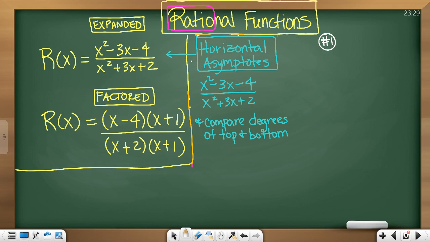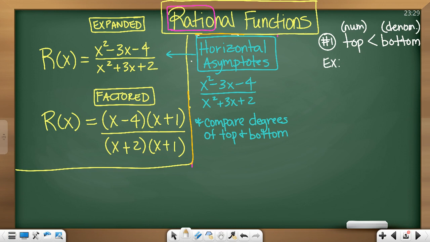Possible situations. Number 1, the top degree is smaller than the bottom. Basically, that means the degree of the numerator is less than the degree of the denominator.